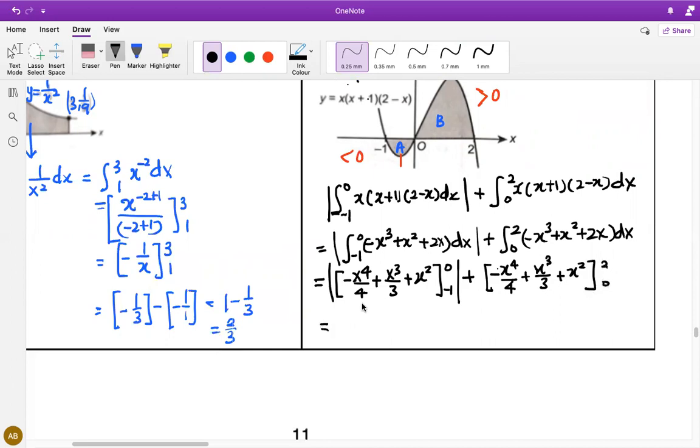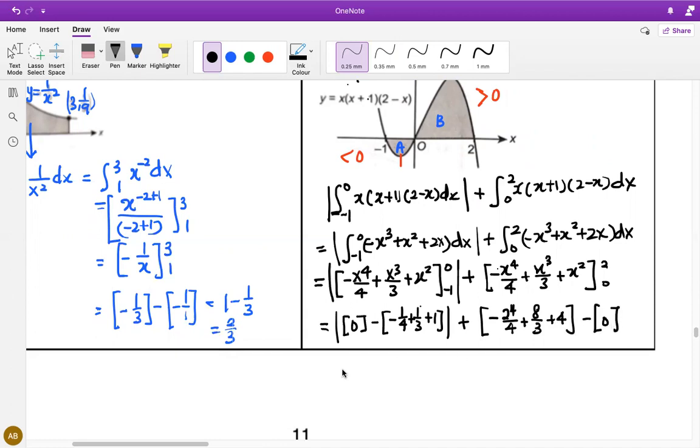Substitute the values in. For the modulus, you get 0 minus (negative 1 over 4, plus 1 over 3 plus 1). Then plus, negative 2 to the power of 4 over 4 plus 8 over 3, because 2 cubed is 8, then plus 2 squared is 4, then you minus 0 again.